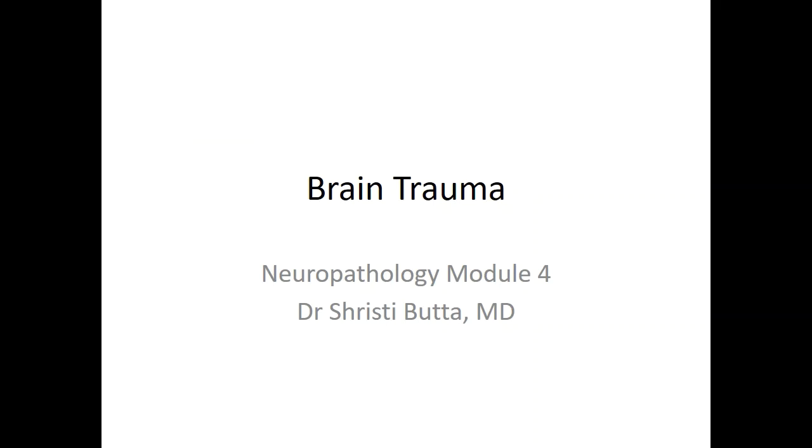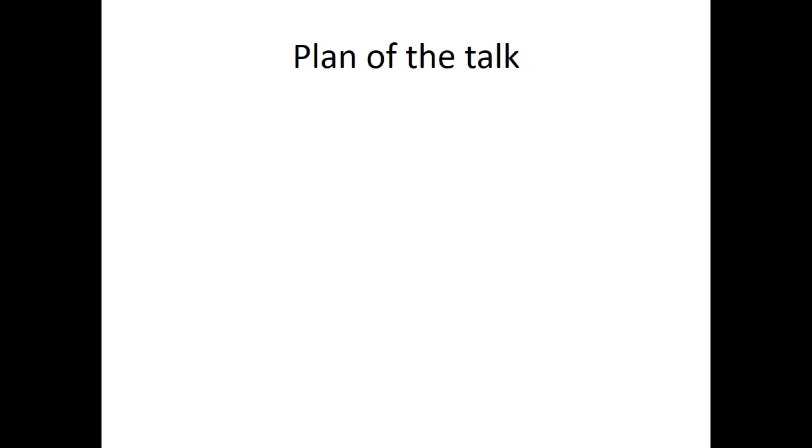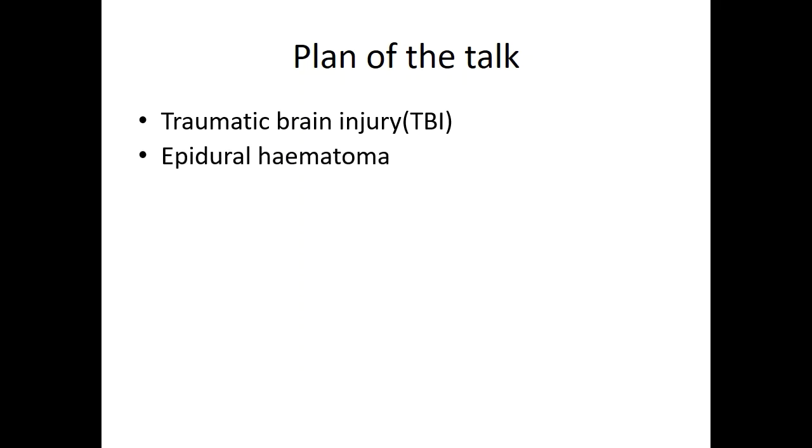A very good morning. Welcome back to our Neuropathology series of lectures, and this is the Neuropathology Module 4. We are all set to discuss brain trauma today. So what do we plan to talk today? We plan to discuss traumatic brain injury, particularly the epidural hematomas and the subdural hematomas.